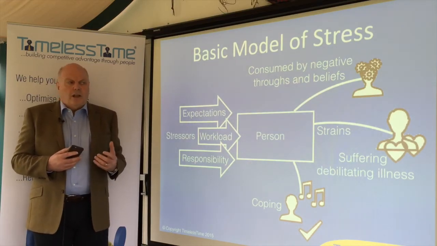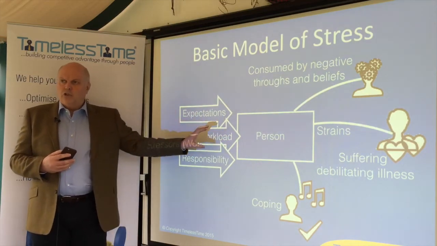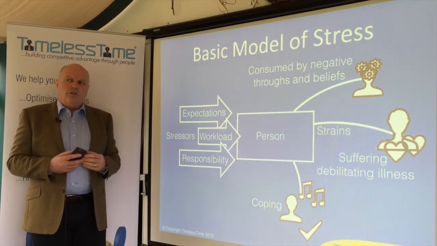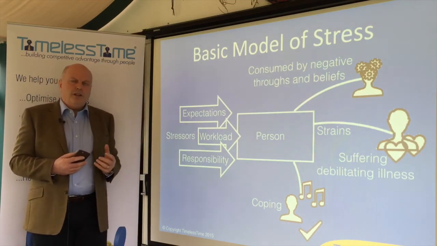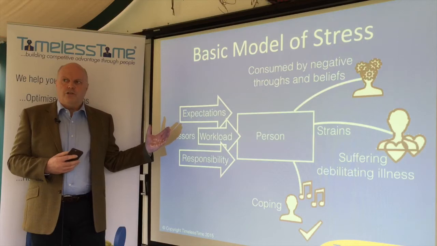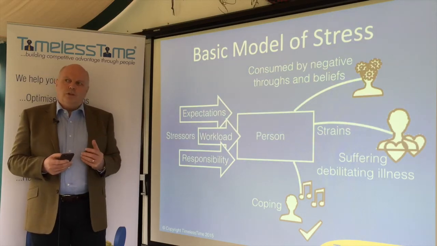So the individual can do things to help themselves cope. But it's not a very complex, not a very complete model at this point in time. All we have is the idea that we can remove the stressors, and that's the kind of GP response to stress. So let's build the model more completely.